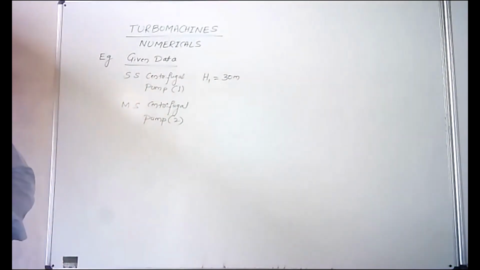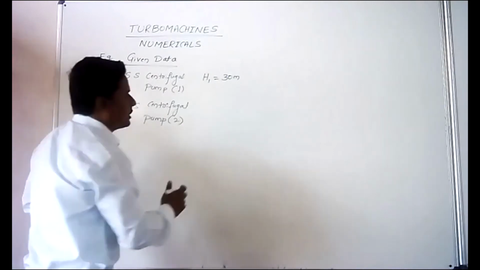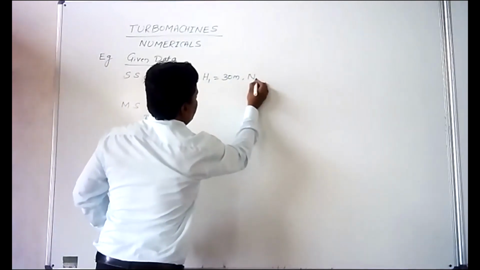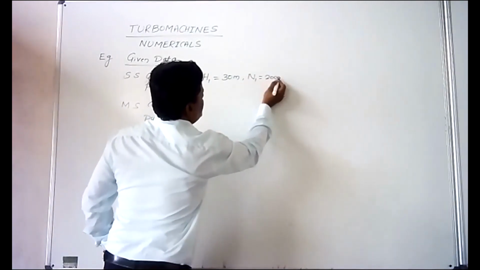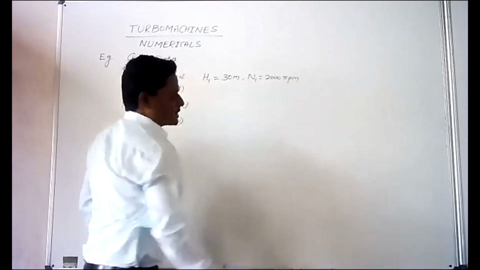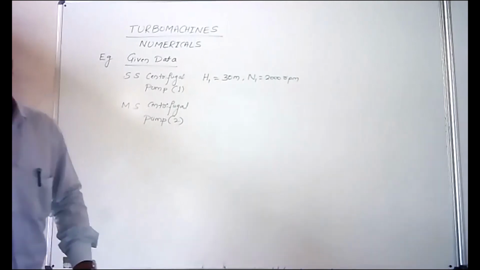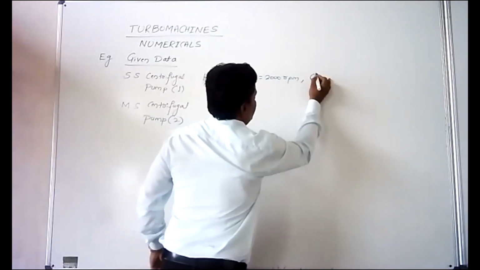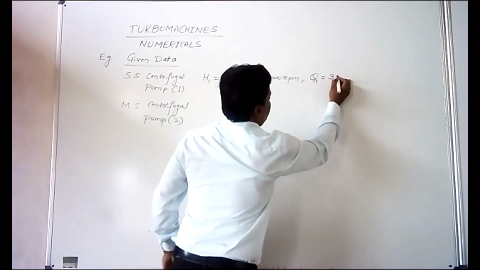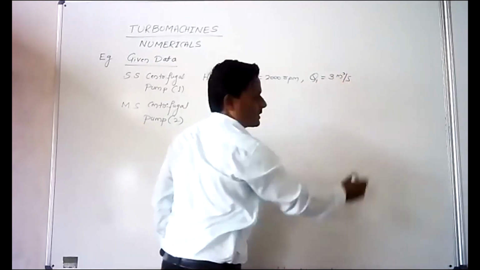Next, running at a speed of 2000 RPM, N1 equals 2000 RPM. The single stage pump supplies 3 meter cube per second, Q1 equals 3 meter cube per second.